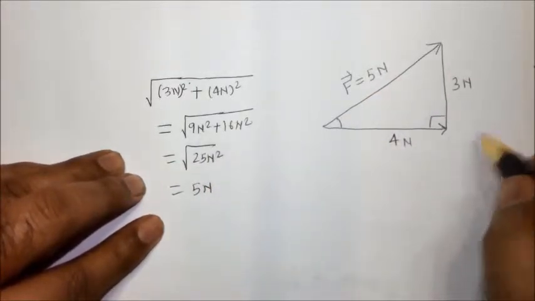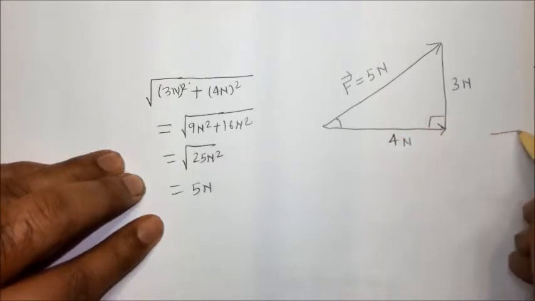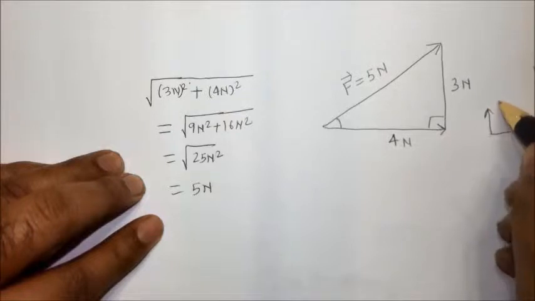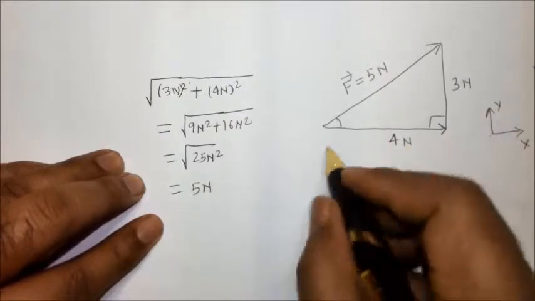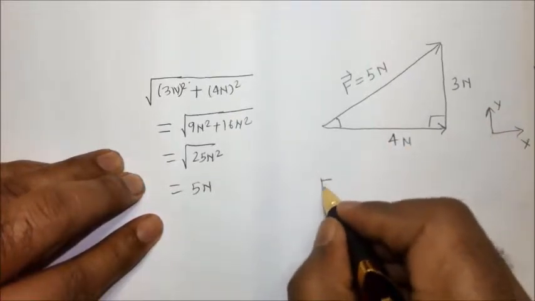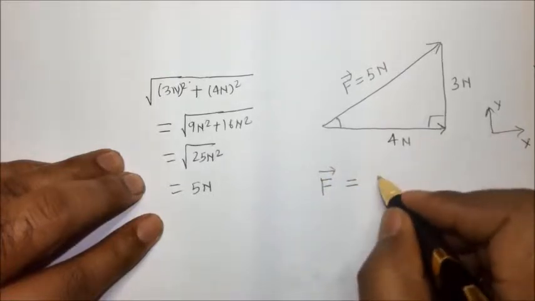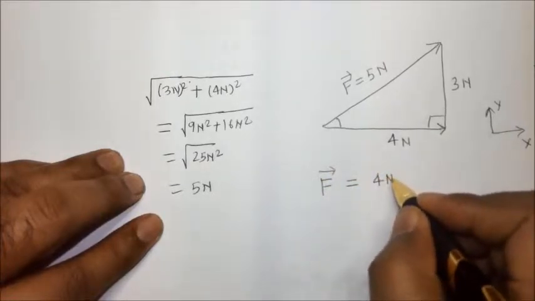So you can think that this is your x-axis and this is your y-axis. So you can write vector F has a 4 Newton component along x-axis.